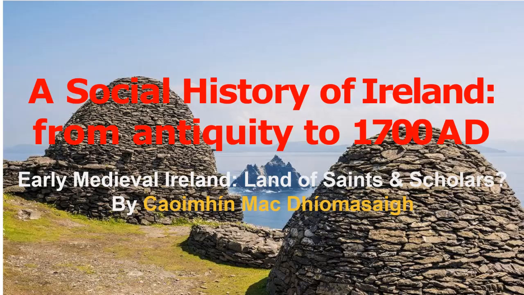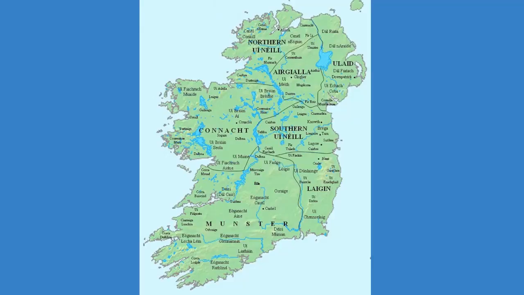Right, so we can move on to the first picture, I think. I'll just explain what that picture is. That is Skellig Michael, which you find on the southwest coast of Ireland today.